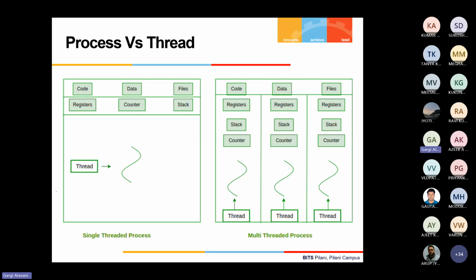We have seen before that a single threaded process shares code, data, registers, counter, files, and stack. Whereas a multi-threaded process will have its own registers, own stack, and counter. Code, data, and files may be shared amongst the different threads, but some portion is thread specific and some portion is common to other threads.